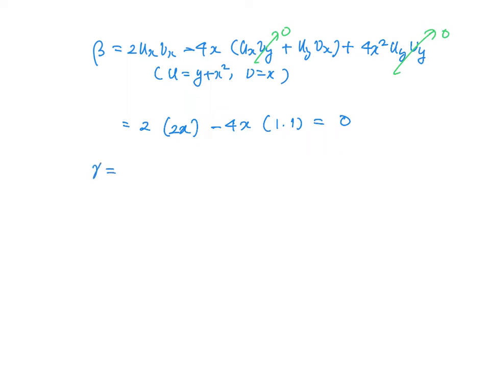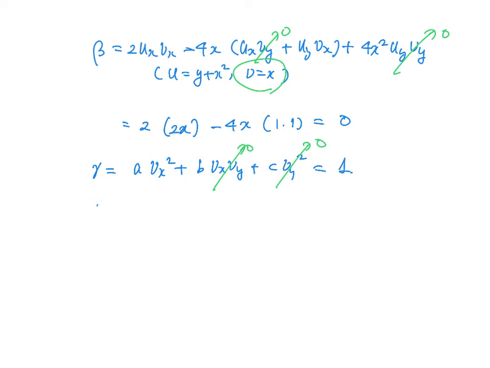Gamma is a v_x squared plus b v_x v_y plus c v_y squared. Of course, v_y squared will be 0 because we have set v as x. This is also 0, right? This is 1. So gamma is 1, right?